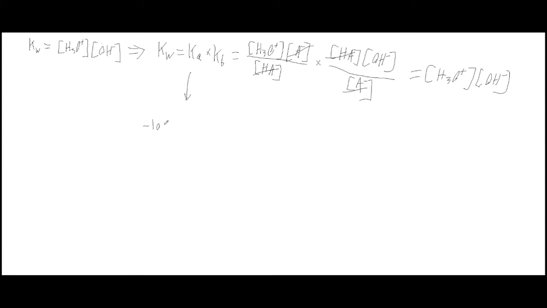And so we can take this idea here and actually convert it into pKs, and so this is the negative log of Kw equals the negative log of Ka times Kb. And if you know your logarithm rules, this can then be turned into the negative log of Ka plus the negative log of Kb.